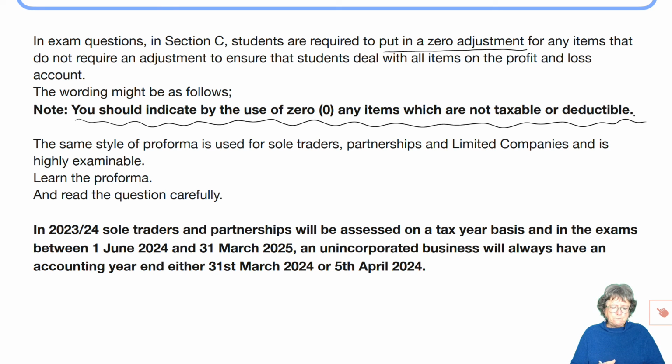Now, the rules for how individuals are being taxed, the basis period rules, have changed dramatically for this year.